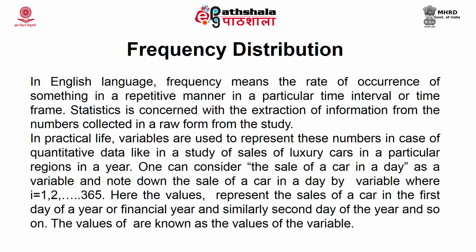Here the values x1, x2, and so on up to x365 represent the sales of a car on the first day of a year or financial year, and similarly the second day of the year and so on. The values x1, x2, and so on up to x365 are known as the values of the variable.